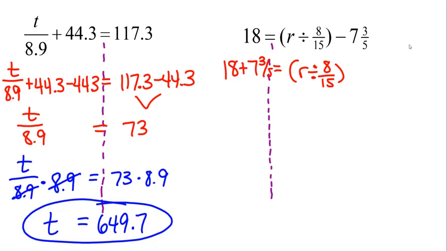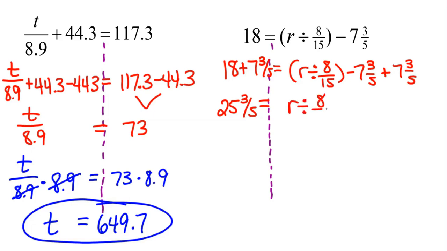On the left-hand side, 18 plus 7 3/5 is 25 3/5. And that would be equal to, this becomes 0. All I have is my division, r divided by 8/15, and there's step 1.